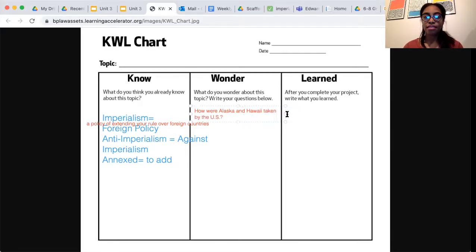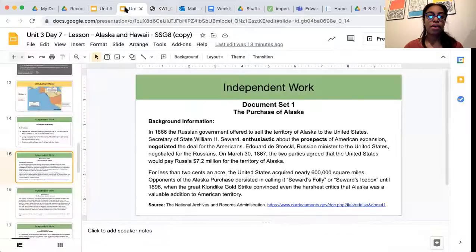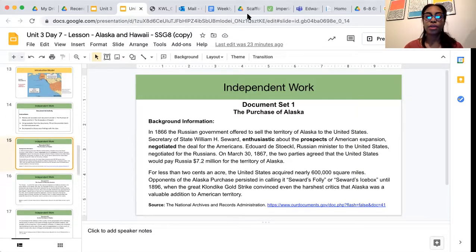And then at the end of this lesson, you should be able to fill this out. And of course, you can add more to this and more to the know, whatever else you know, right? But we can start with those. Okay, just going to clear this. Now back to the unit. Here you have document set 1, and on Teach Hub, you have access to your student workbooks, which are available in your different home languages, right?